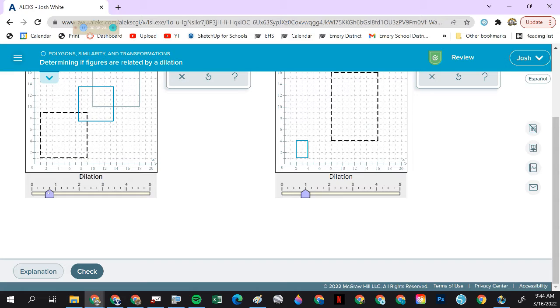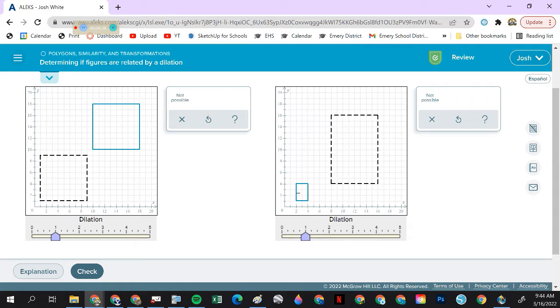Well, I would need to change my dilation ratio. Can it be done? No. They're the same size. So that can't happen. Over here, can I dilate this so that it matches up with that one? Well, let's just try it. Yes, that would be the dilation ratio of 4.